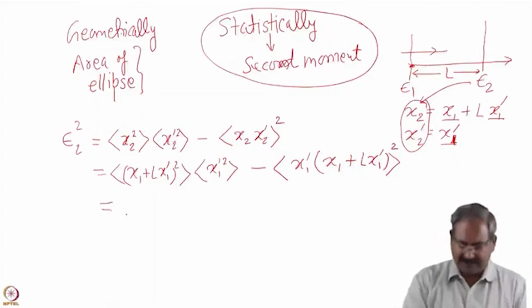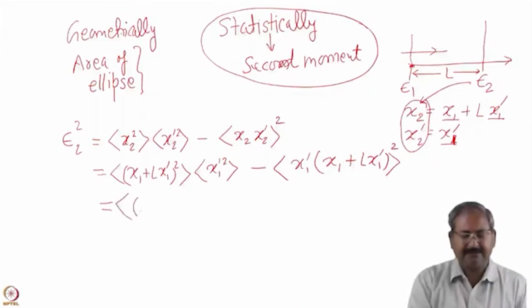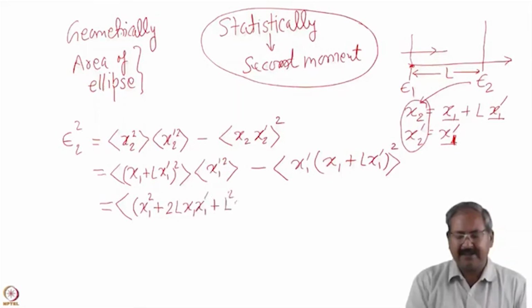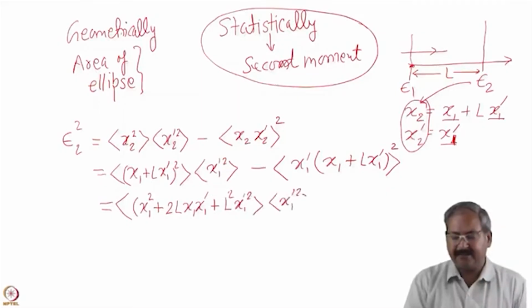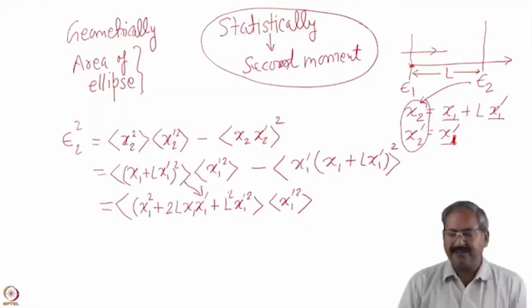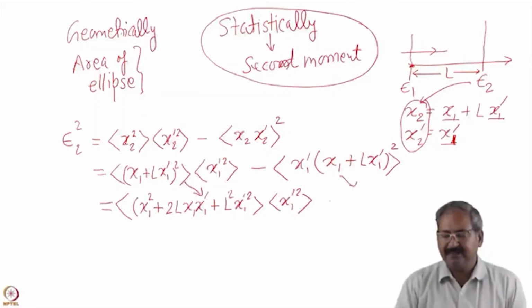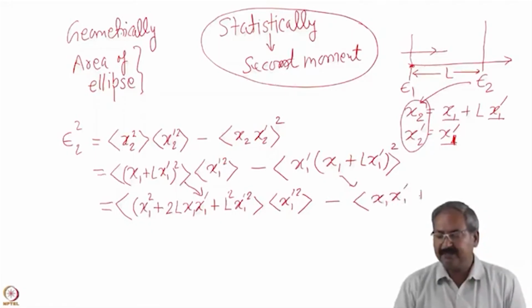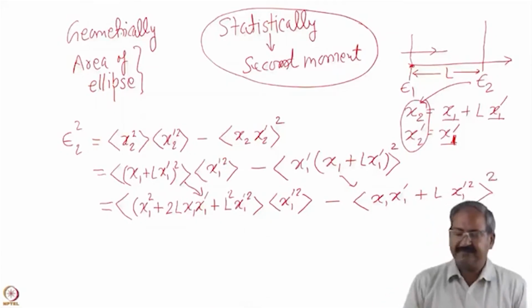So let us do that. This will be x1 square plus twice L x1 x1 prime plus L square x1 prime square, and x1 prime square. I have just opened the bracket. Here again we will do the same kind of thing, so you will get x1 prime plus L x1 prime, squared.